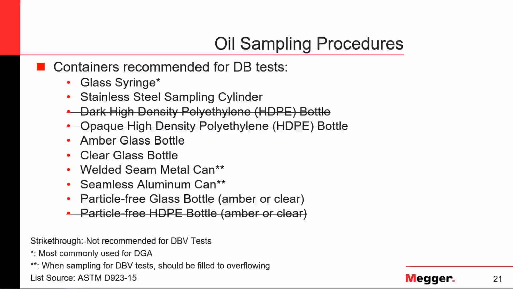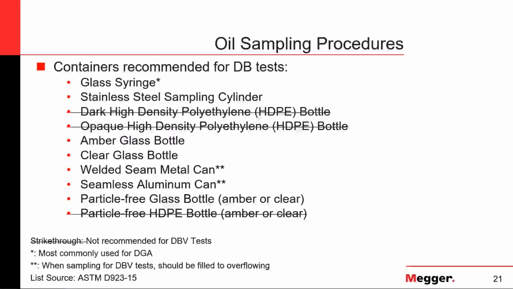As I mentioned before, the sampling process is of paramount importance to achieve accurate results when we are taking our measurements. So another factor we need to look at is the bottle or the container we are using to store our samples.